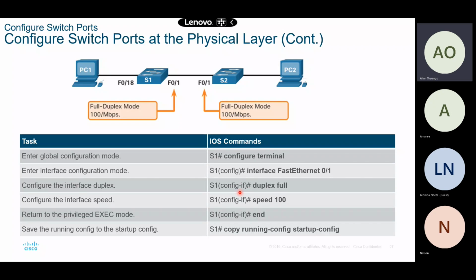So when you get to an interface such as interface FastEthernet 0/1, remember, duplex is either full or half, okay? And you need to put the same duplex mode on both sides of the switch, otherwise you'll have problems within the network, okay? If they are different, you might have some bottlenecks within your network, and that is not what you want. So set the duplex mode to full, and the speed to 100, okay? And do that on both sides.